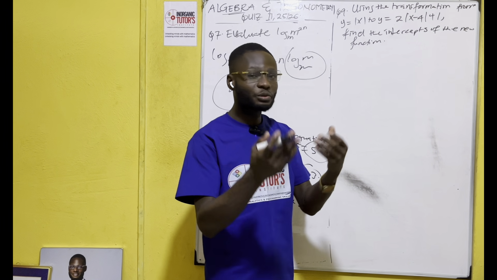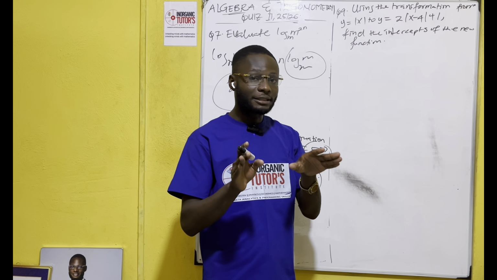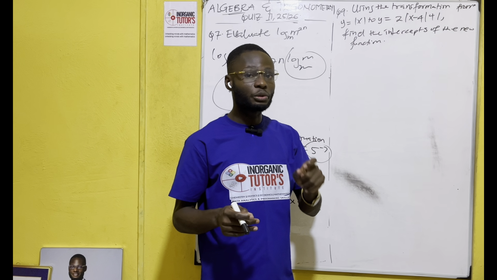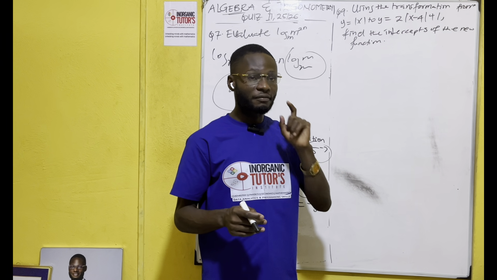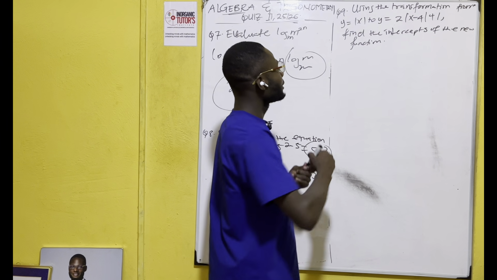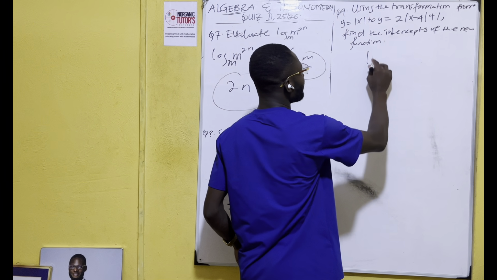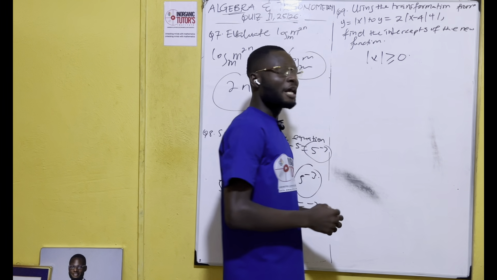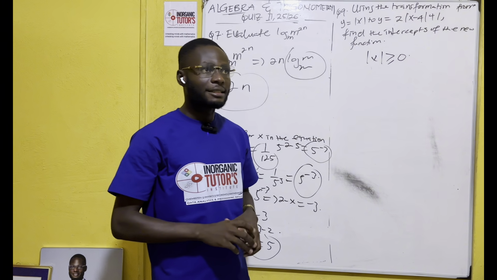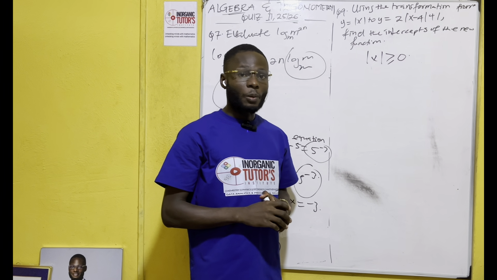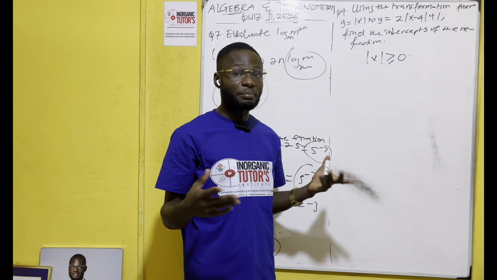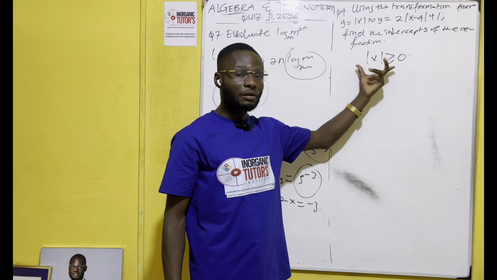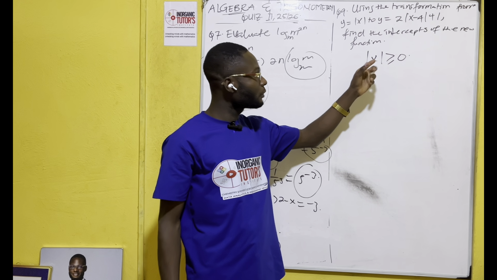You have to quickly recall the property of absolute values. So recall that the absolute value of x is greater than or equal to 0. No absolute value is less than 0. Once you have that, then it is impossible, right? So every absolute value is greater than or equal to 0, right?